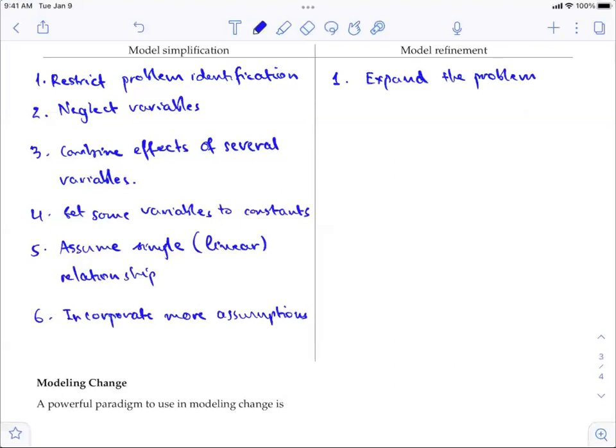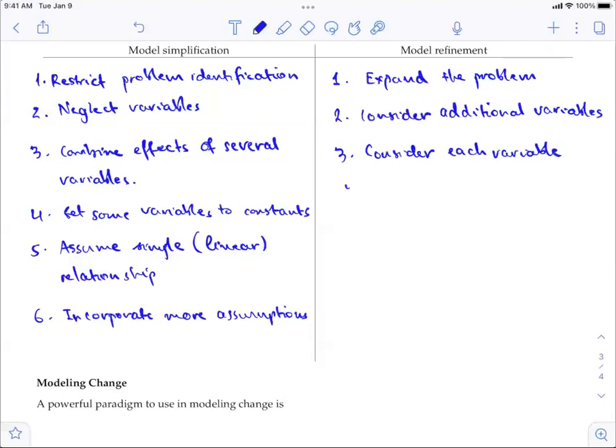So you make the model more complicated, and you can consider additional variables, and then consider each variable in detail. At the simplification step, you combine the effect of several variables together.